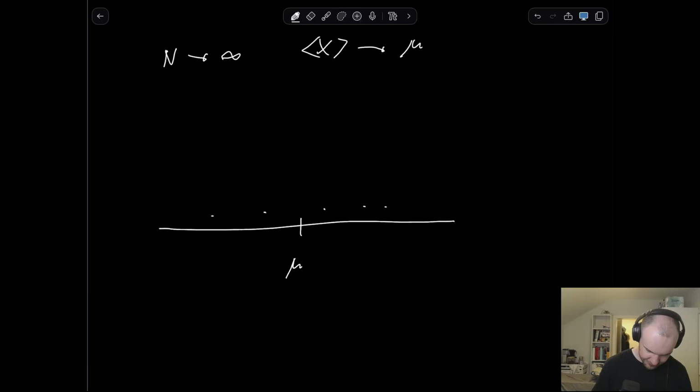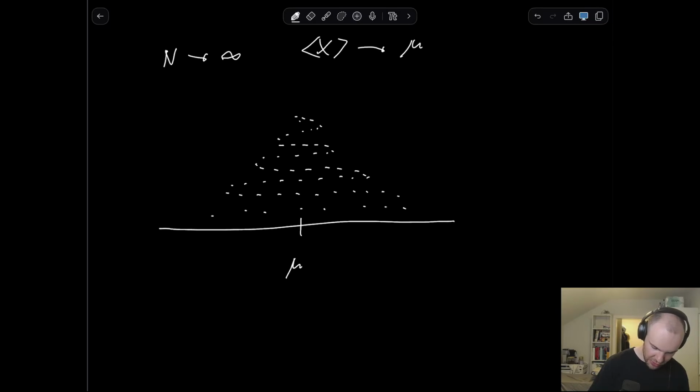But the more I ask, because of the law of large numbers, the data points are going to be centered around the mean. So the more I ask, the more that is going to happen, so we get more and more points here. And this, of course, is regardless of the distribution.